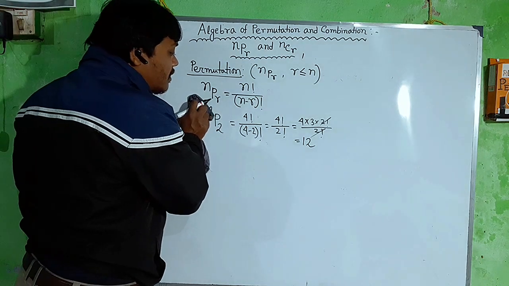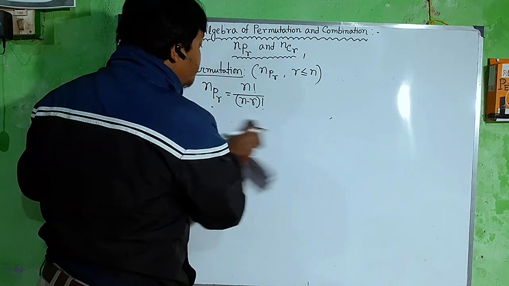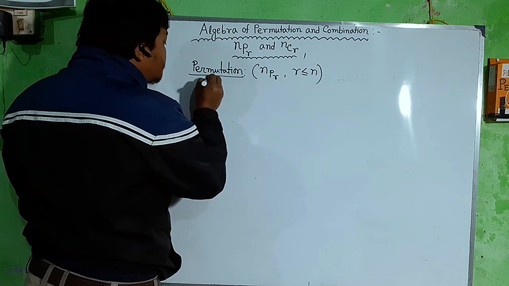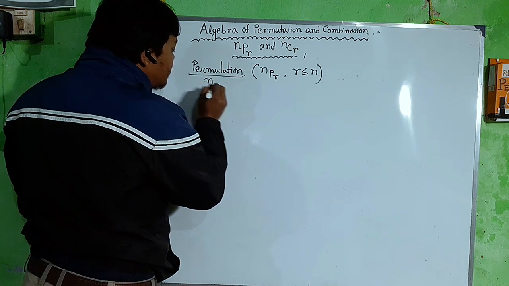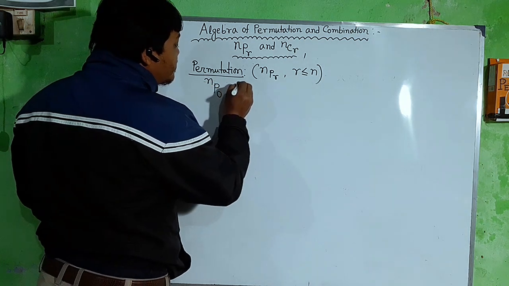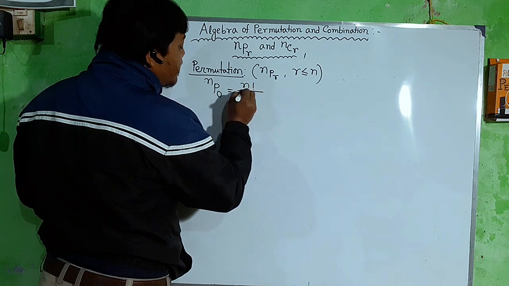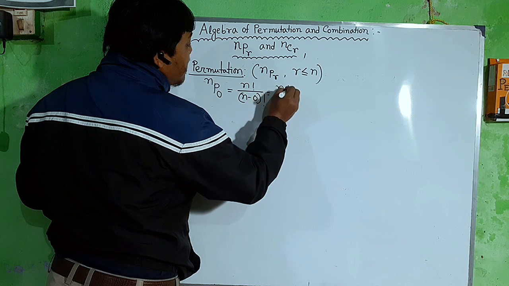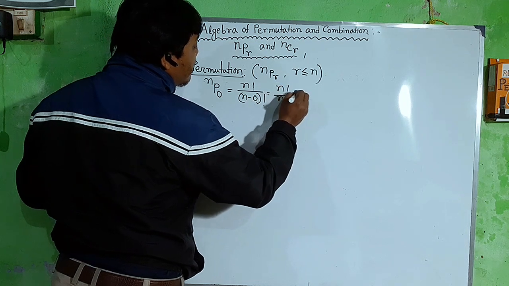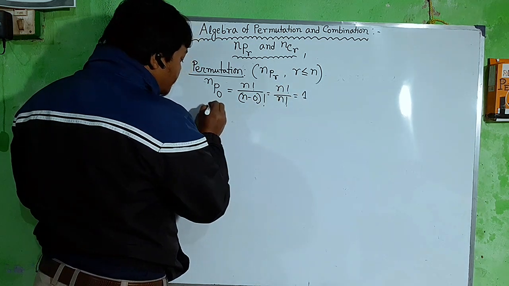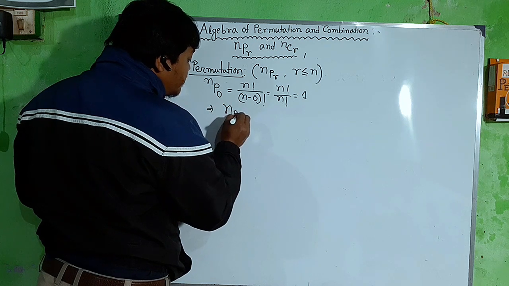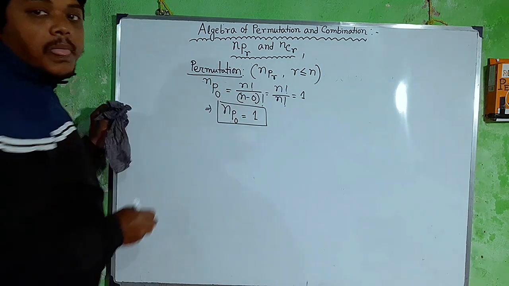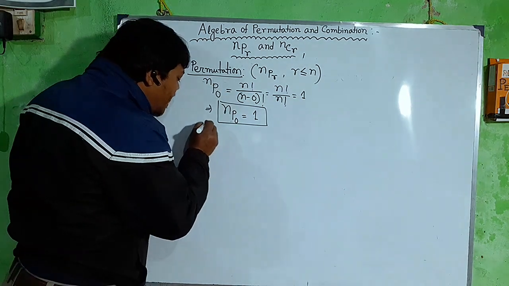Next part, what is nP0? nP0 means factorial n by factorial n minus 0, so that gives n factorial by n factorial, which is 1. This is an important result: nP0 is 1.